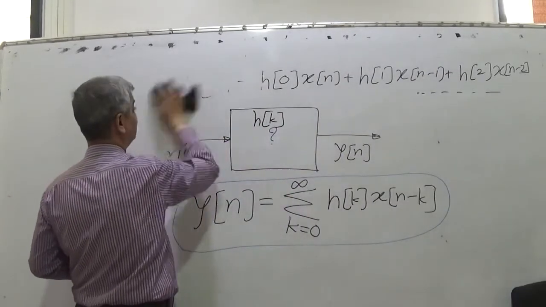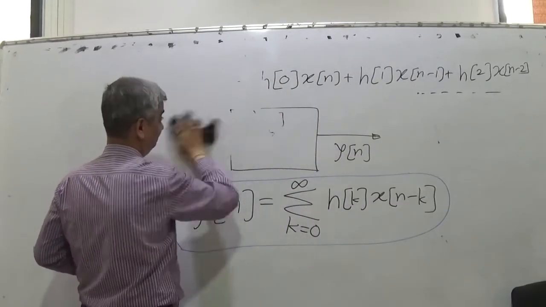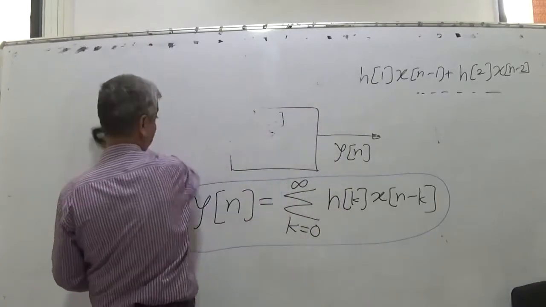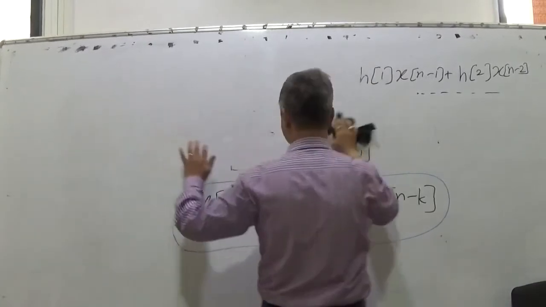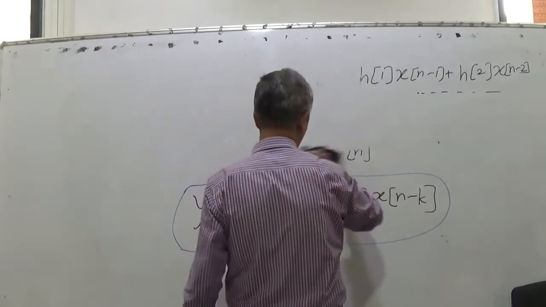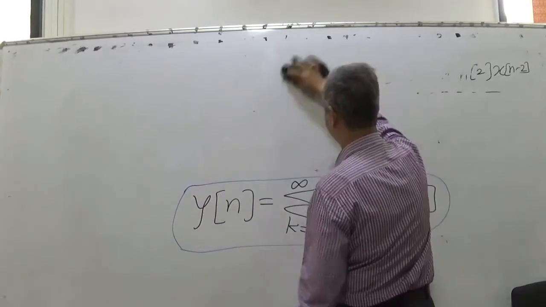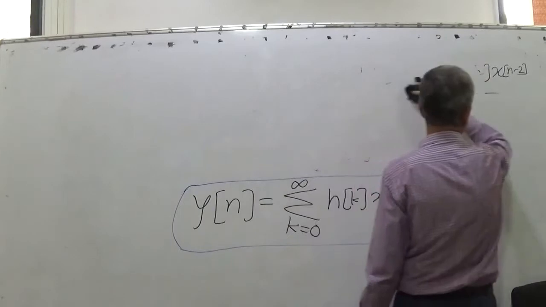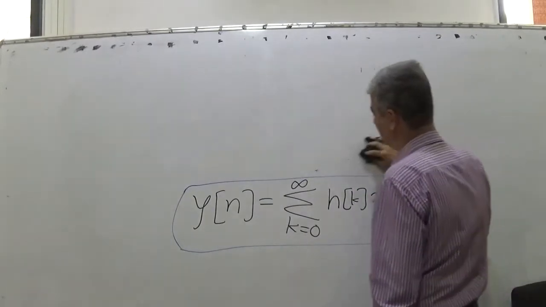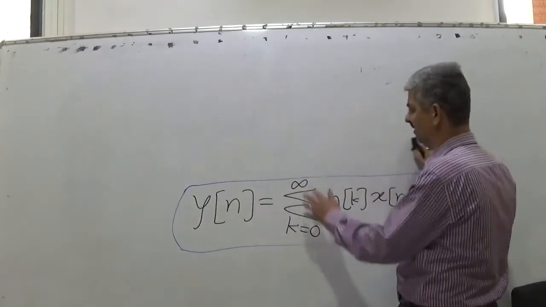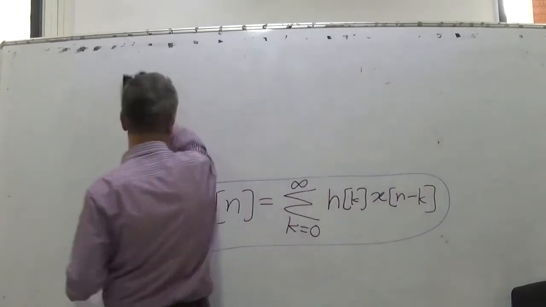So I will explain to you. Something which is very easy on the whiteboard is simple, but at the student stage its understanding is not so easy. You may remember it, you may get good marks in the exam, but that is not our motto.